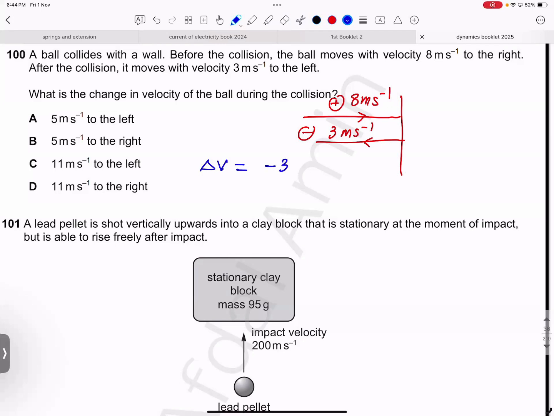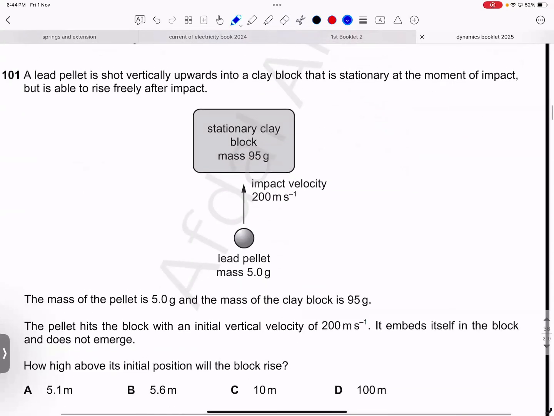Final is -3 minus initial is 8. Answer is -11. Negative, what did you assume? Negative you assumed to the left side. So all questions are not that hard. Some are really very easy questions.